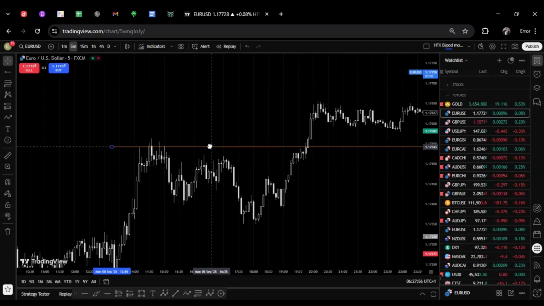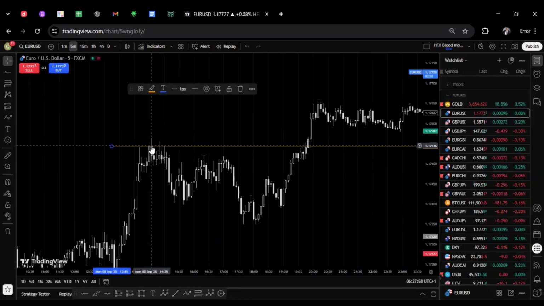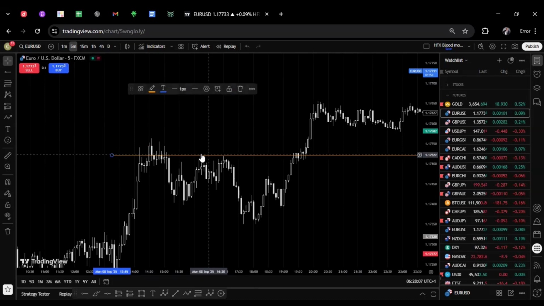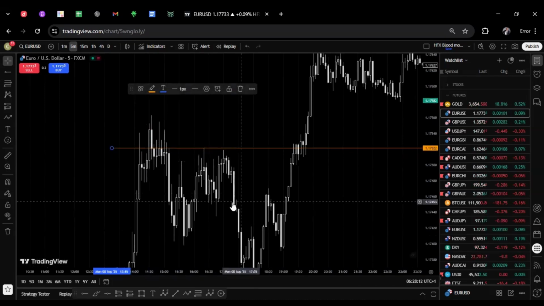If I choose this point, we have 1, 2, 3, 4, just 4 reactions here. At these other points, we are having 1. Let me expand this so that it will be clearer.